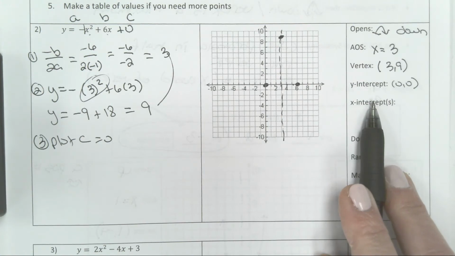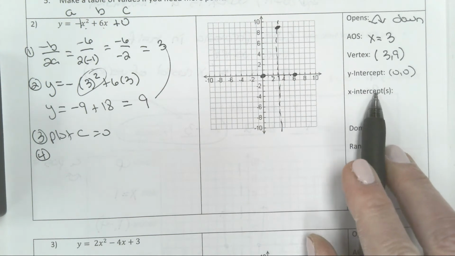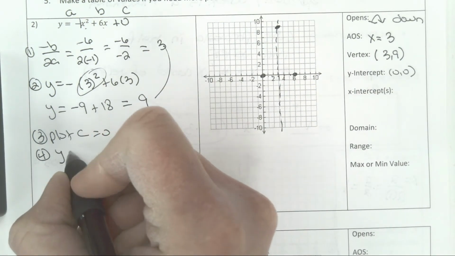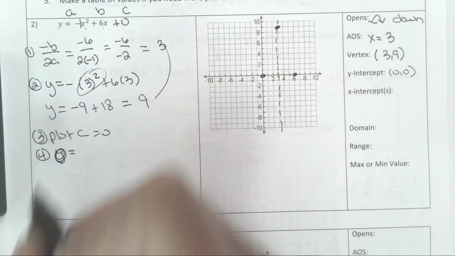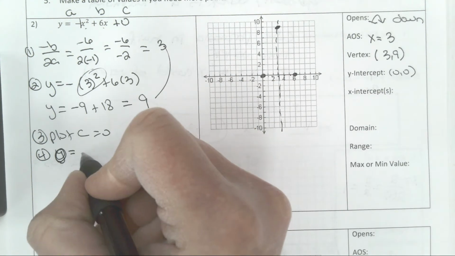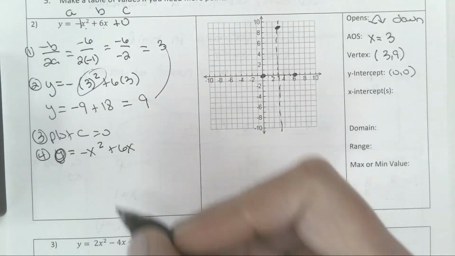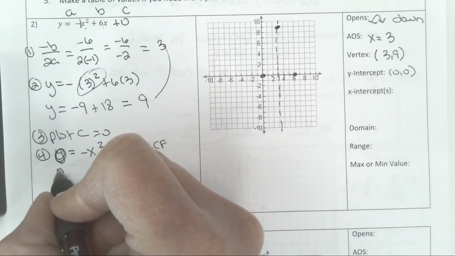The x-intercept. So step 4, we need some more points. To find the x-intercept, I'm going to set y equal to 0, so I have -x squared plus 6x. This is a GCF kind of a problem.